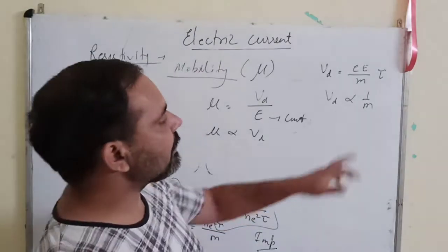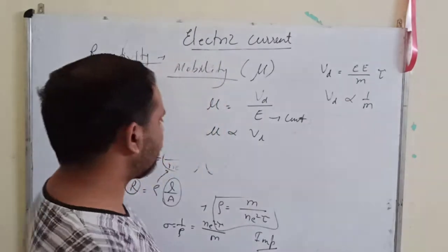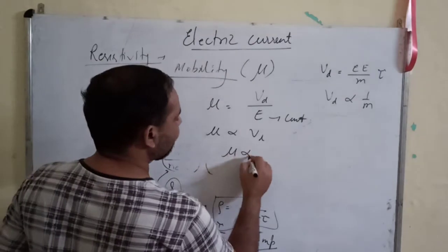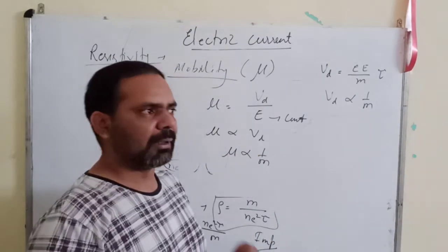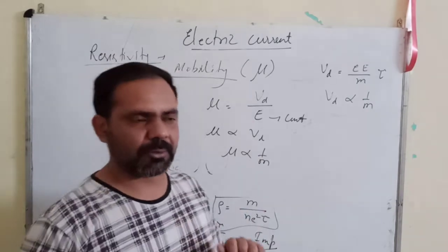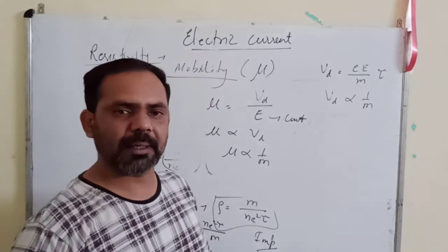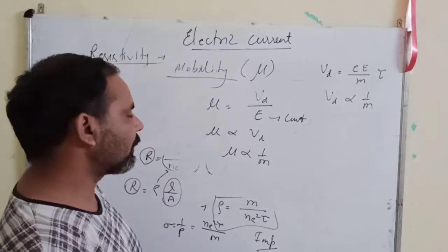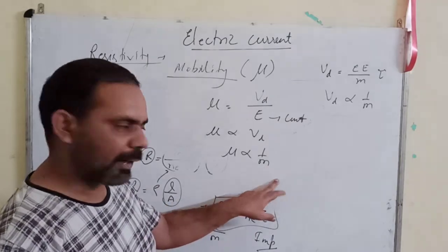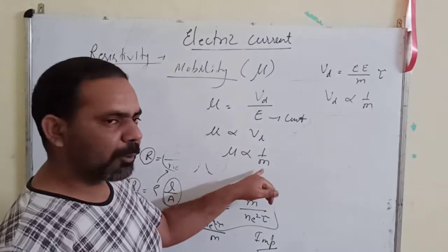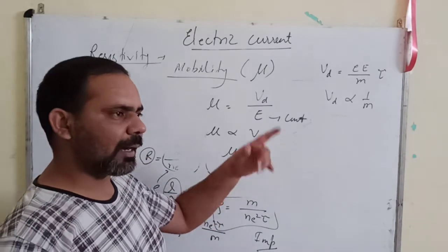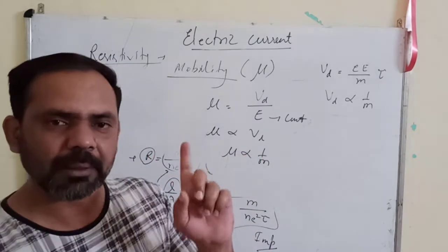Now Vd is inversely proportional to m. So can you say that mu is inversely proportional to m? Now whose mass is more, proton or electron? The electron's mass is less as compared to the proton. So for the electron m is low and therefore mobility will be high. And what about the proton? The proton's mass is high, so its mobility will be low.